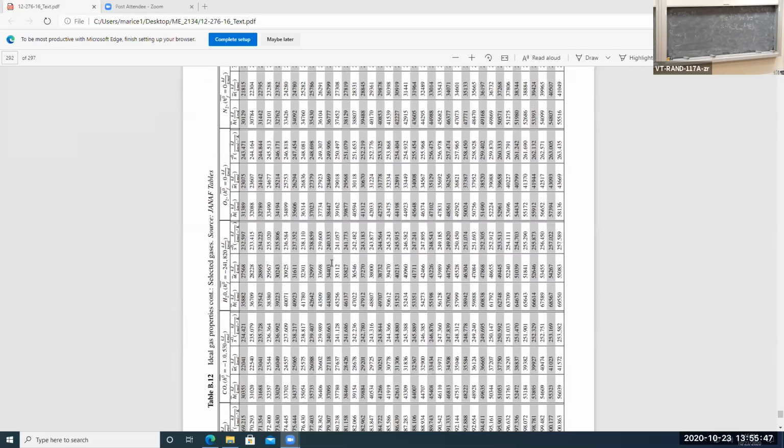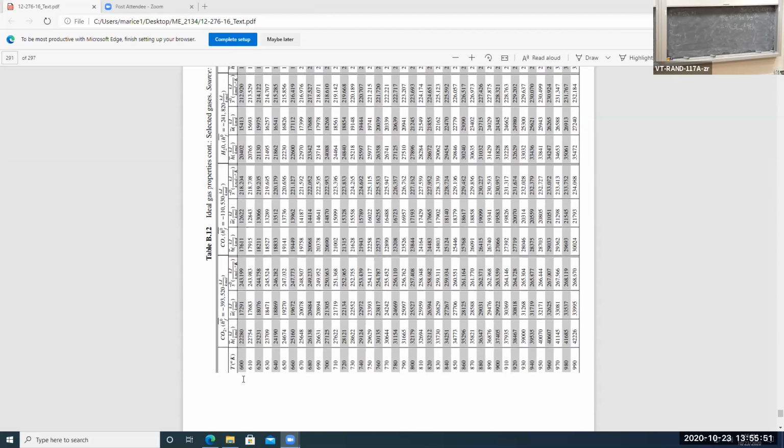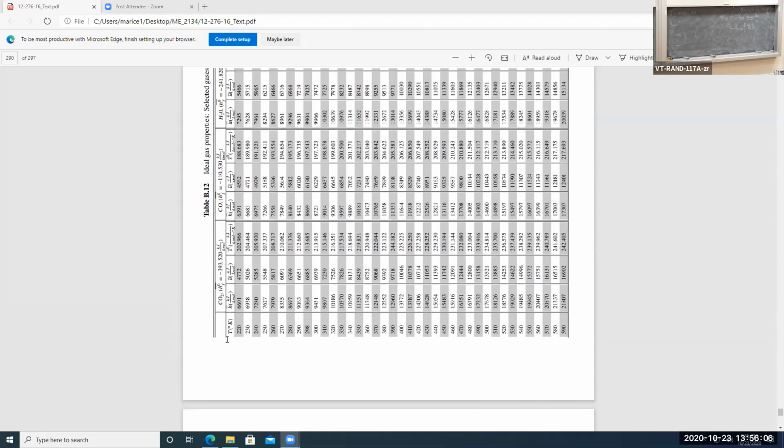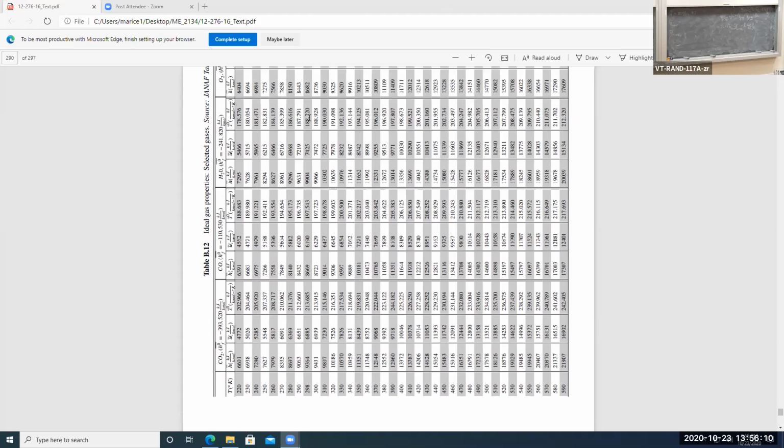Okay, table B12. 600 degrees, S naught bar, so 212.920. That's at 600, and at 298, H2O, 188.72.